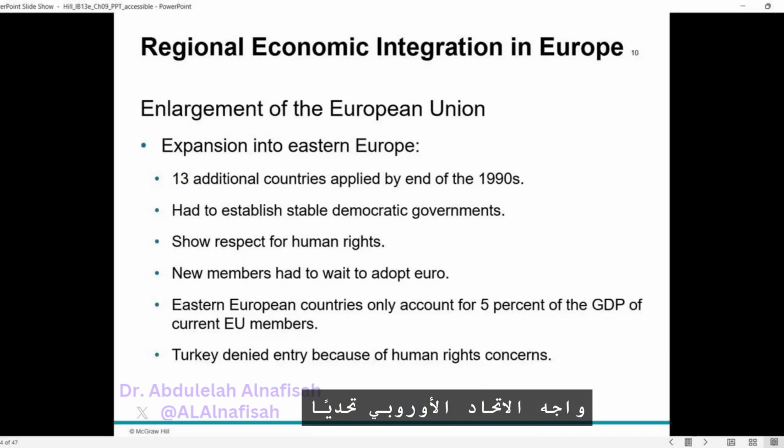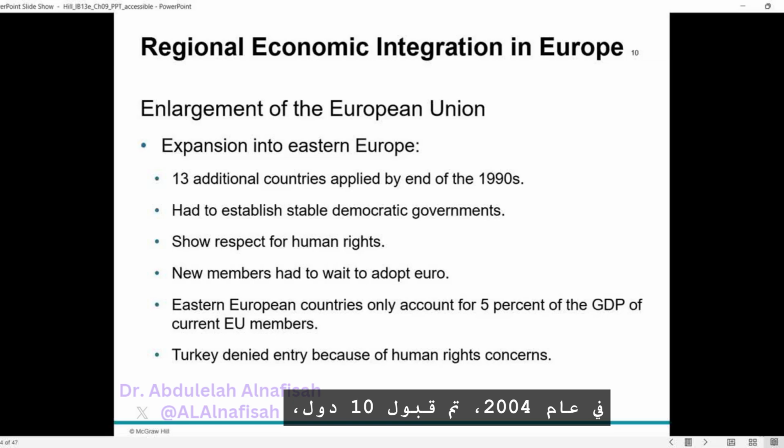The European Union faced a significant challenge with the enlargement into Eastern Europe following the collapse of communism. By the end of the 1990s, 13 countries had applied for EU membership, having to meet various criteria such as privatization, market deregulation, democratic governance, and human rights protection.